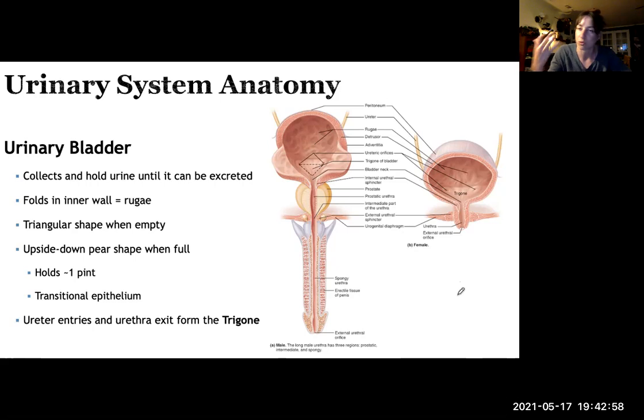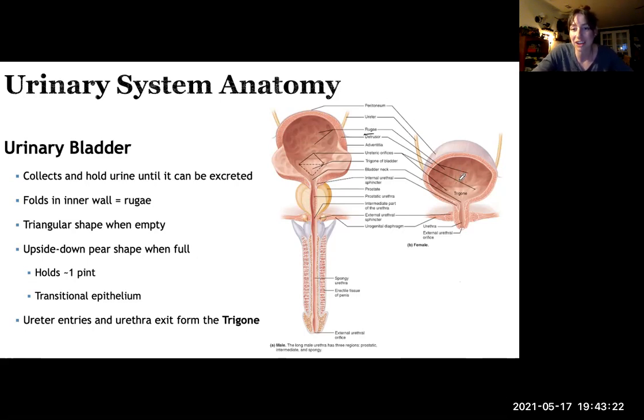These folds are called rugae, and we'll come across this term again with the digestive system as well. The rugae help give the bladder more surface area for stretching, right? So if it's empty, you're going to see the rugae. It's going to be very folded up. And then as it expands, the rugae will flatten out until it's full.